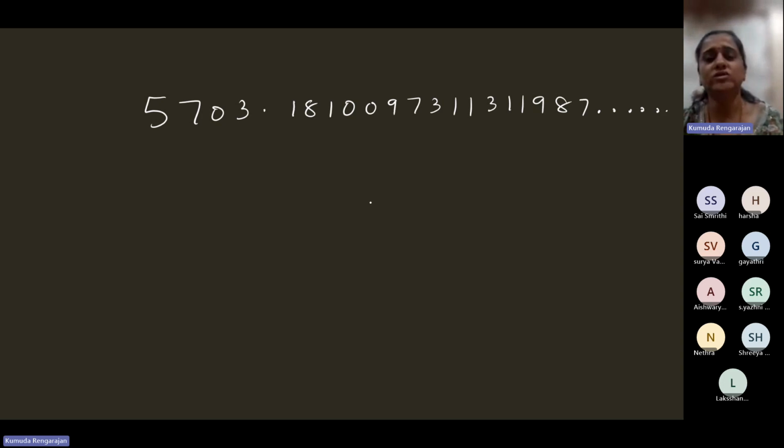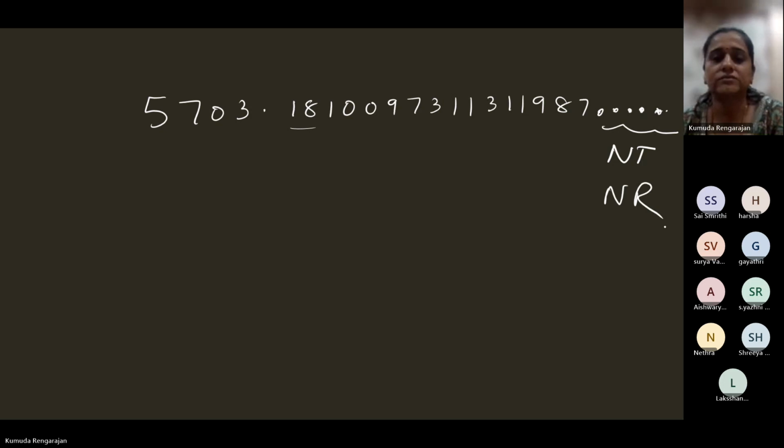When no digit or set of digits repeats itself, the decimal part is vague. You don't find any pattern in the decimal part. So this one is non-terminating because we see the dots. Because of these dots only we say non-terminating. And non-repeating because there is no pattern.